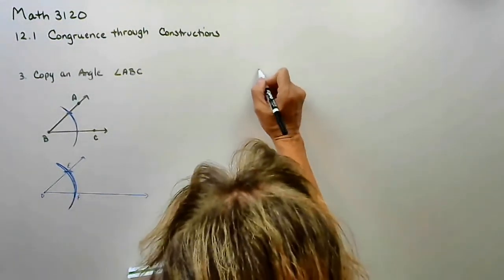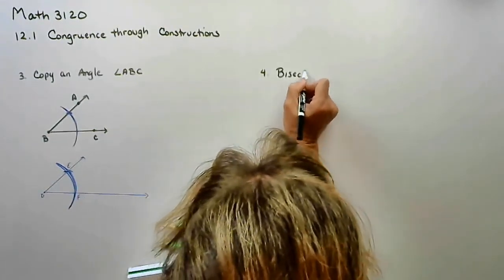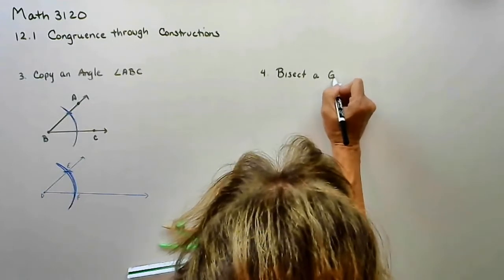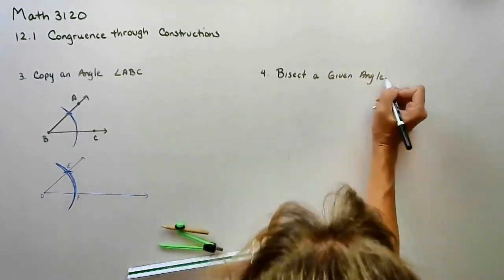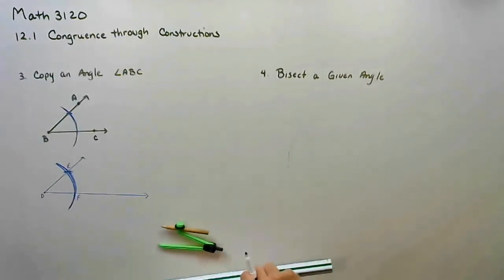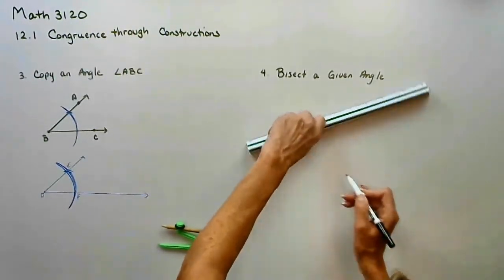So last, let's bisect a given angle. Okay. So I'm going to start with an angle that I give you in black. Make this a little larger so you can see it.